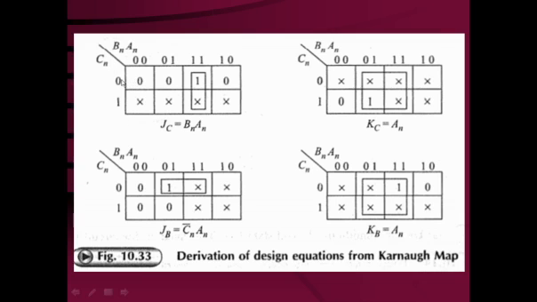So here Cn is equal to 0. Whatever I told you for the 4 positions, Cn is equal to 0, 0, 0 and 0. For that, whatever requirement of JC was there in that column was substituted here. For Cn is equal to 1, Bn and An equal to 0, 0, it was don't care. For Cn is equal to 1, Bn and An equal to 0, 1, don't care was there also.